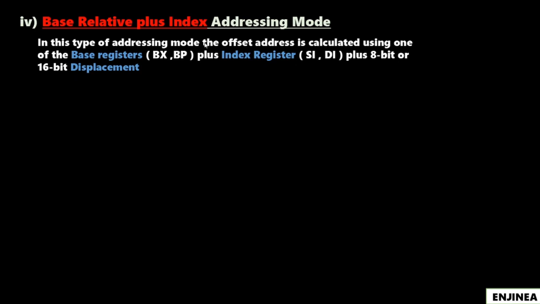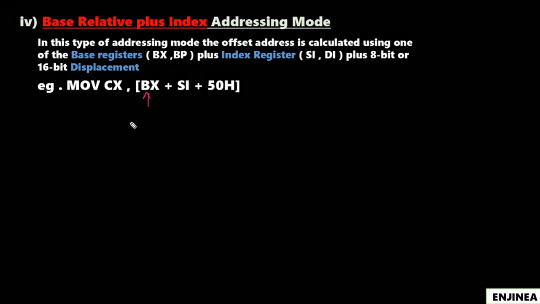So in this type of addressing mode, the offset address is calculated using one of the base registers, which is BX or BP, plus the index register, which is SI or DI, plus 8-bit or 16-bit displacement. So let's see an example. Suppose we have MOV CX, in brackets BX plus SI plus 50H. So in this we can see this is our base register, this is our index register, and this is our displacement.